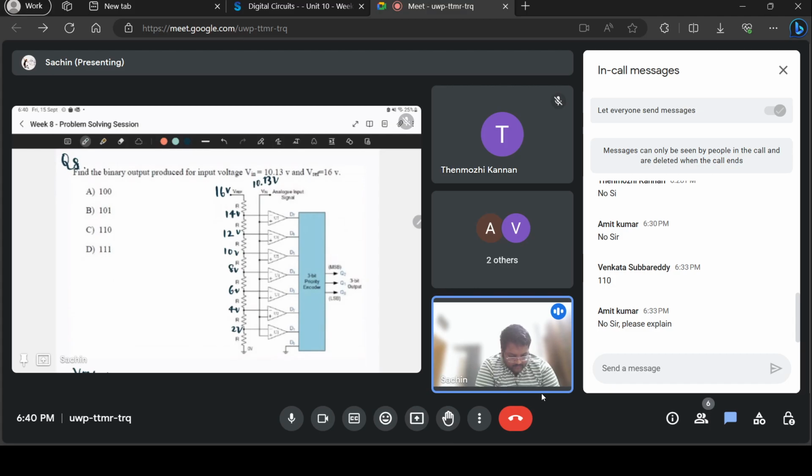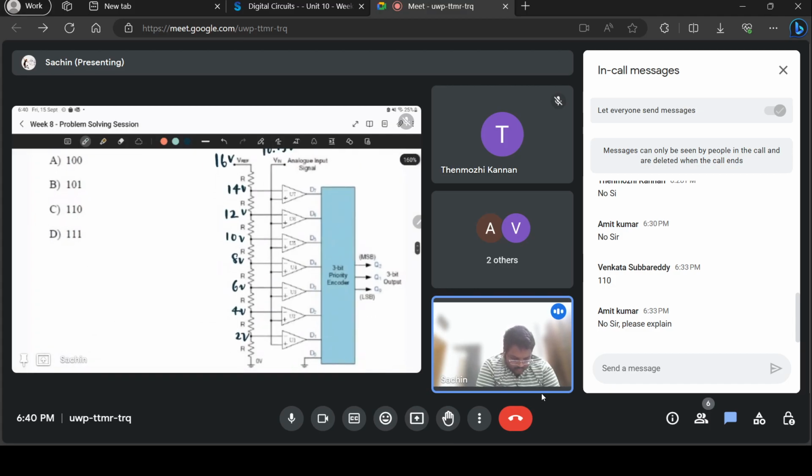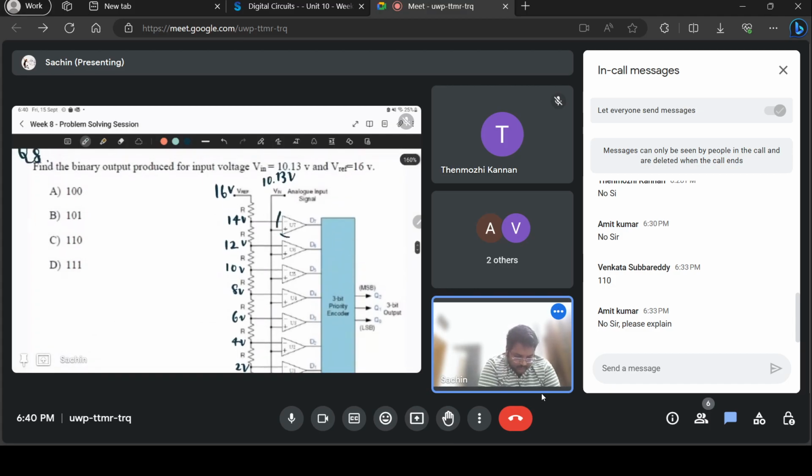So you can see for the comparator U7, this one, positive terminal is connected to 14, negative is connected to 10.13. The difference is some positive number, right? 14 is greater than 10.13. Oh, yeah, positive is connected to 10.13.